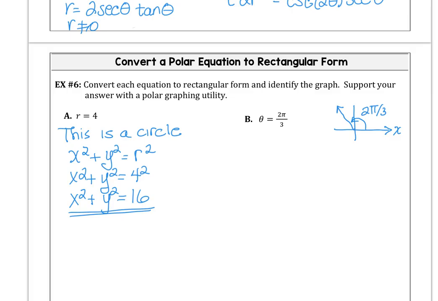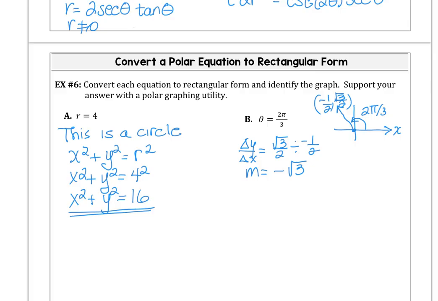We know the slope is the change in y divided by the change in x, and that's radical 3 over 2 divided by negative 1/2, because our coordinates are negative 1/2 and square root of 3 over 2. If we divide those, that gives us the slope is negative square root of 3.